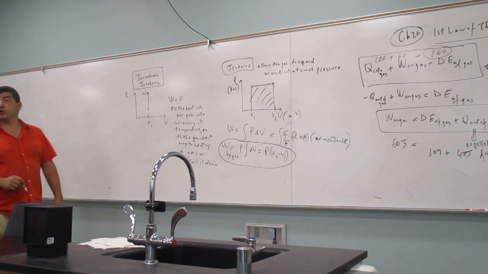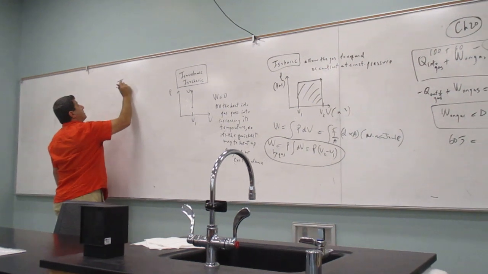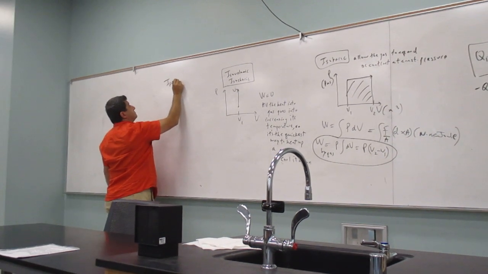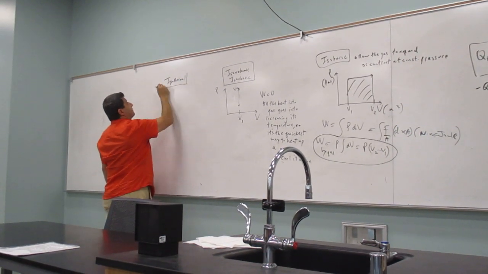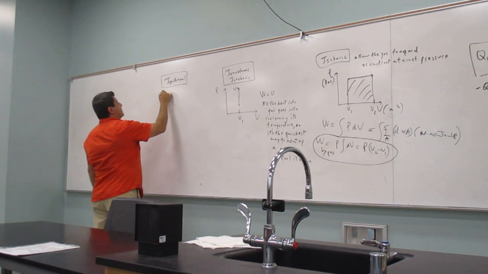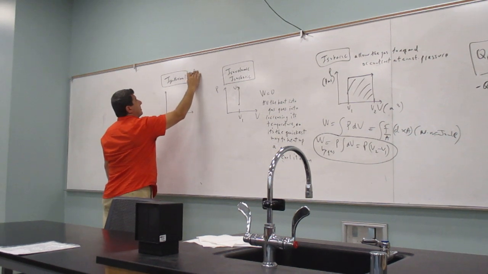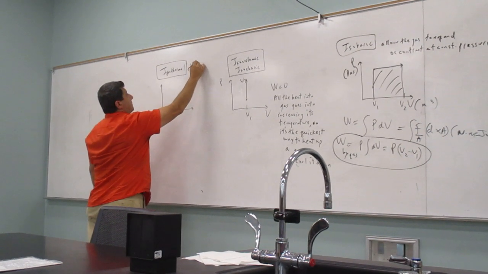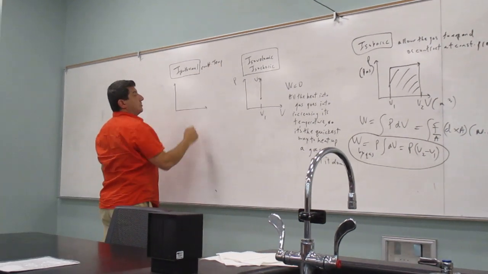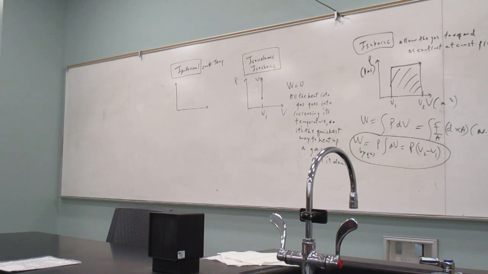So then there's isothermal, which is going to be what? Constant temperature. So what does the PV diagram of that look like? Have you guys done this in chemistry?